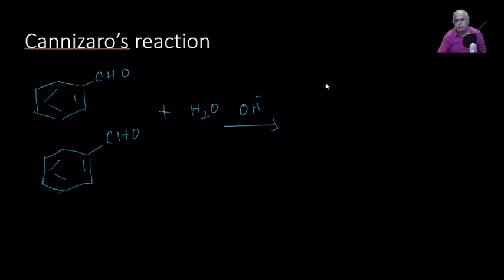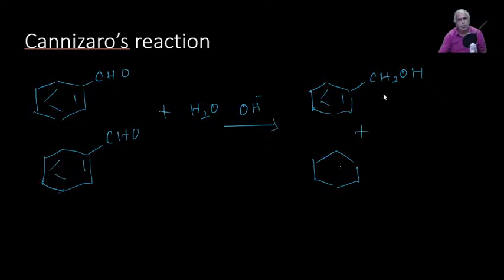So you are able to get one, a reduction product, that is CH2OH. Aldehyde becomes alcohol, is it not? So this is a reduction product. Another is an oxidation product. So here the funniest thing is, on the product side you can have a reduced product as well as an oxidized product, and that is the speciality of Cannizzaro reaction. Do you understand? So this is the reduced product and this is the oxidized product.